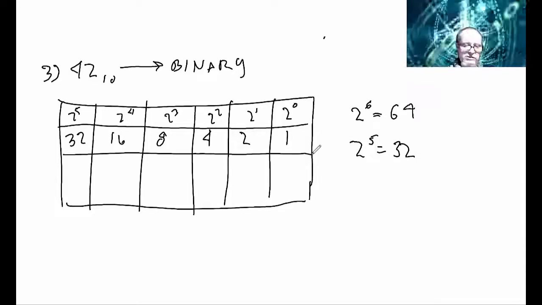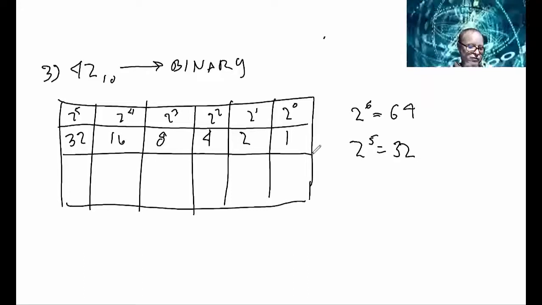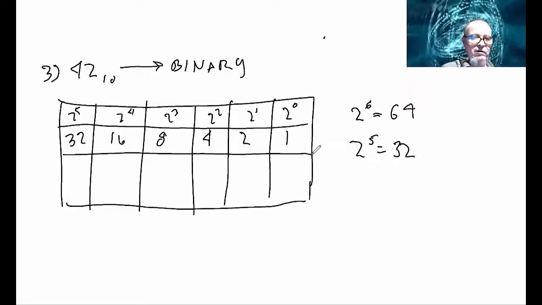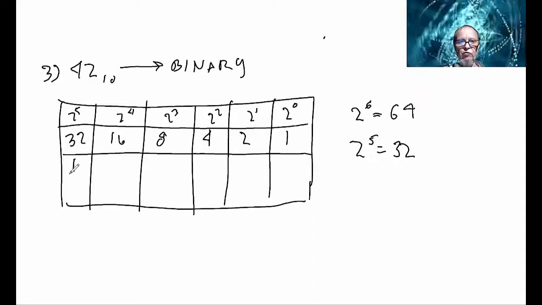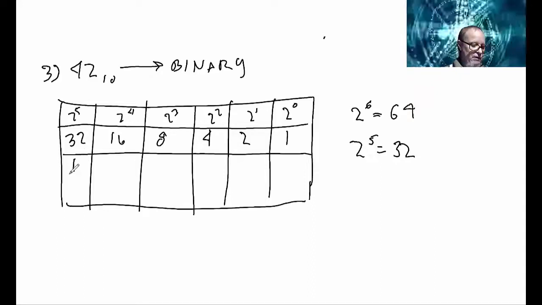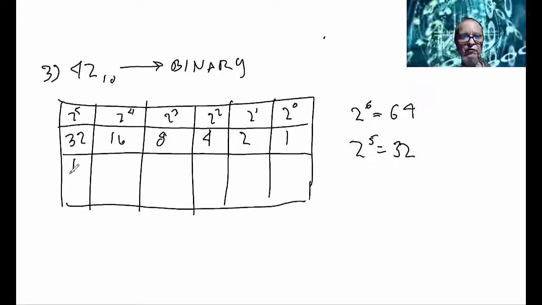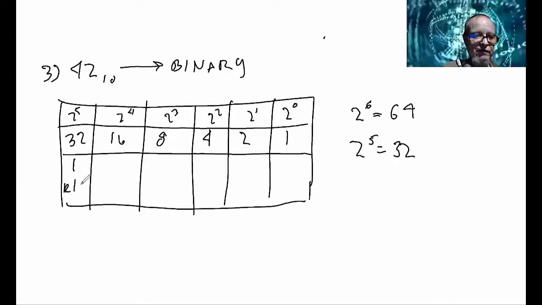So now we want to see how many 32s go into 42 and what the remainder is. Well, we see that 32 goes into 42 once, and the remainder is 10, because 42 minus 32 is 10, so remainder 10.